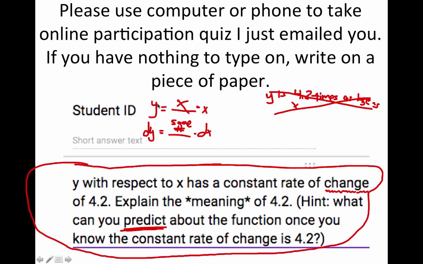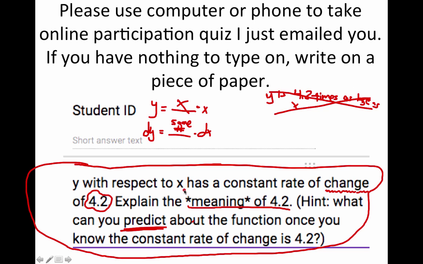That's because y is not always the same amount times as large as x, but dy is always the same amount times as large as dx. So dy, the change in y, is always going to be 4.2 times as large as the change in x. That's what the meaning of the slope is.